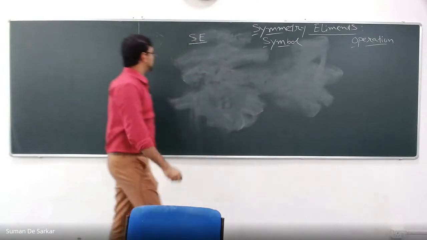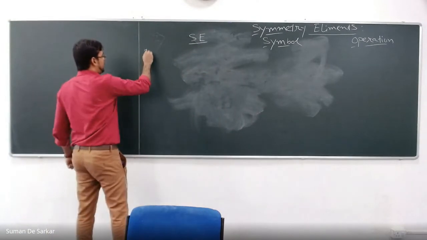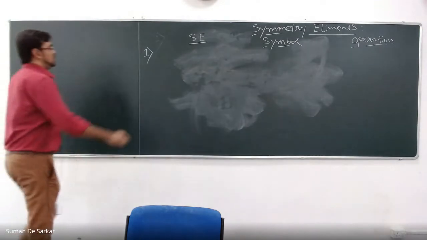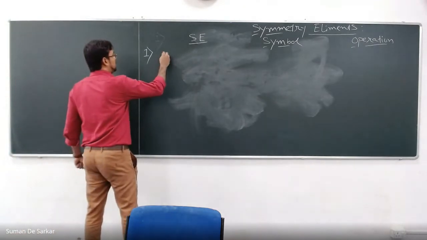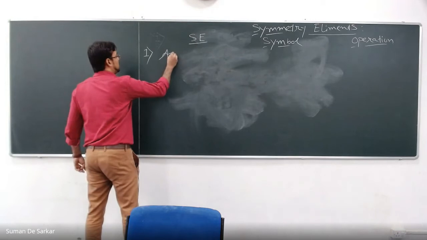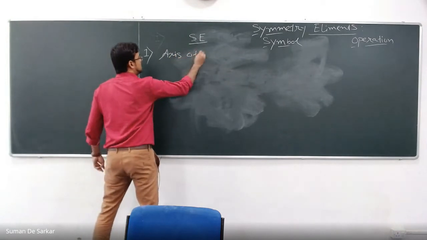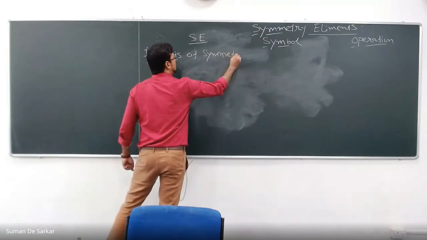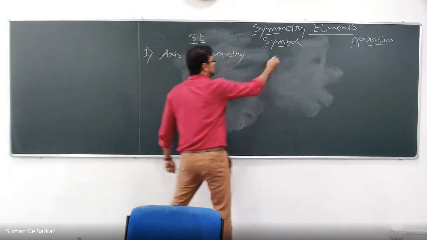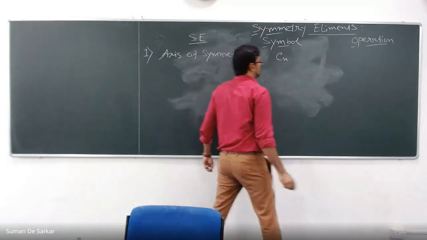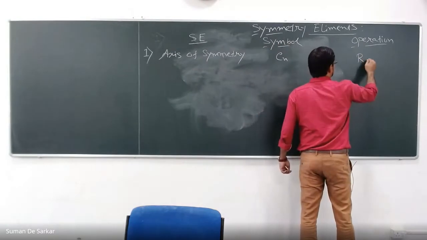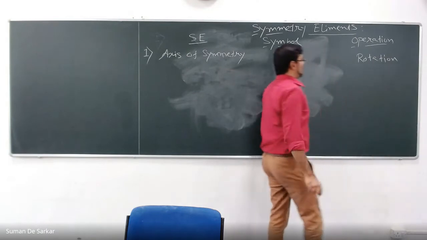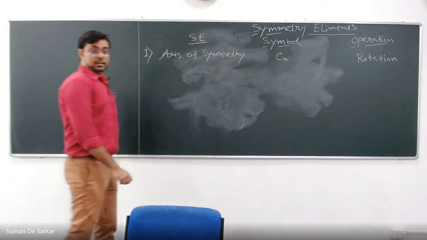Okay. Number 1 here, the first symmetry element, is the axis of symmetry. The symbol is Cn, and the operation is rotation. Someone can ask, what is this operation thing?